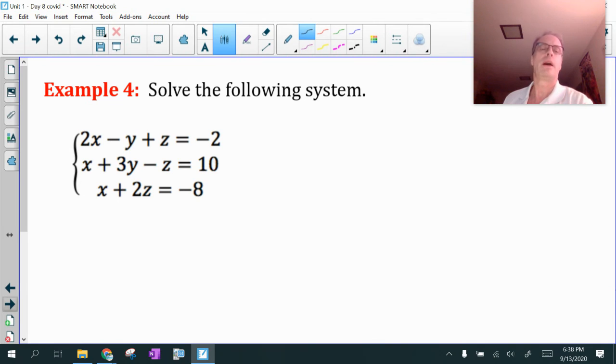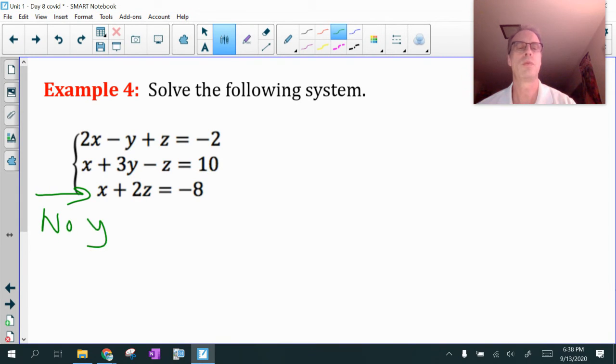Here we go. I am looking at the following system of equations, and I'm going to say, well, wait a second, what's going to be the variable I choose to get rid of? I'm going to give you a pause to recognize which variable you want to get rid of. I'm hoping people are noticing this one, and they're saying, there's no y.